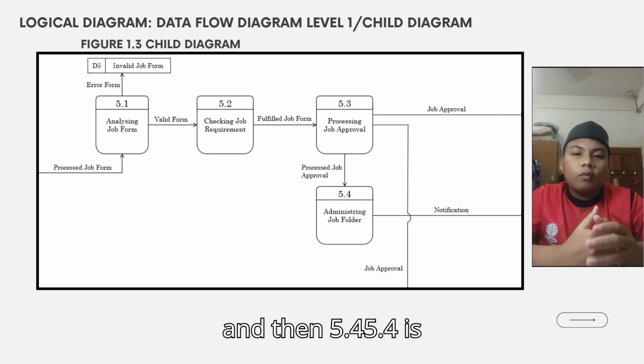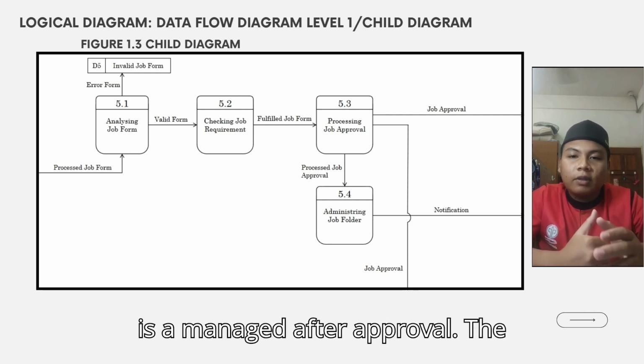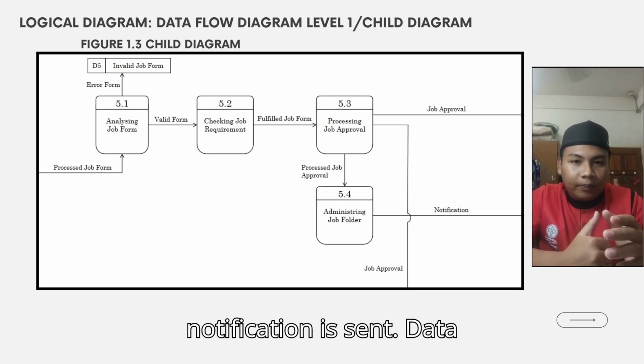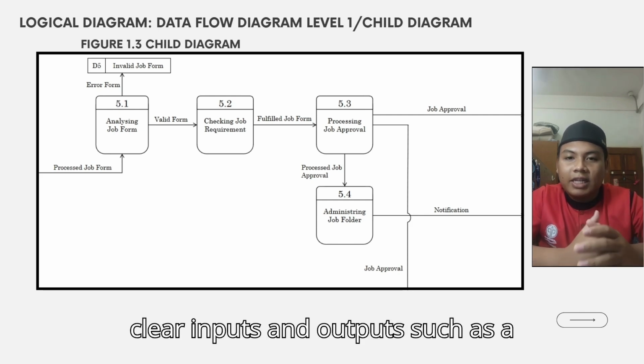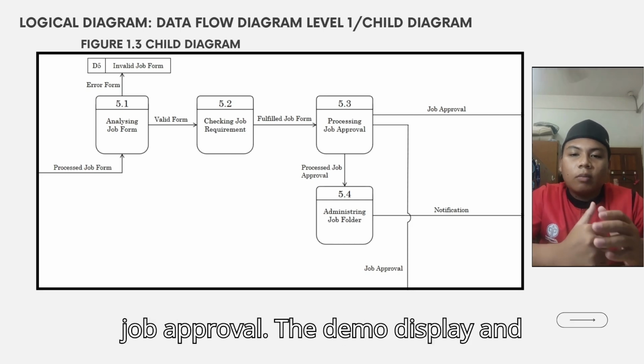And then 5.4 is administering job folder. The job folder is managed after approval. The output is a job approval, and a notification is sent. Each step involves clear inputs and outputs, such as a valid form, fulfilled job form, and job approval.